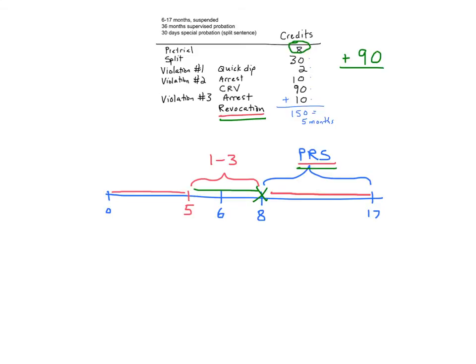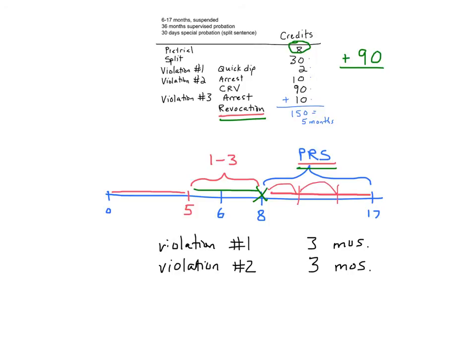So for our defendant, if he were released onto post-release supervision and then committed technical violation of post-release supervision number 1, the Commission could respond to that with a 3-month period of reincarceration. That would eat up the first 3 months of the remaining 9 months of imprisonment, and then the Commission would have to re-release the person onto post-release supervision. Then if they committed a second violation, we'll call that technical violation number 2, the Commission could order another 3-month term of re-imprisonment, so that would take us further along in that remaining 9 months.